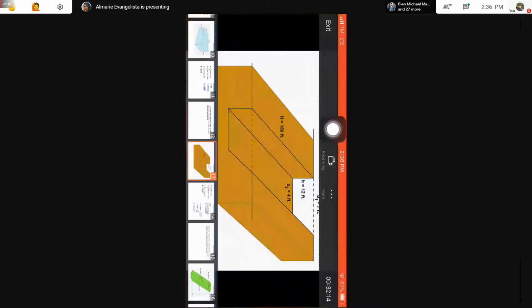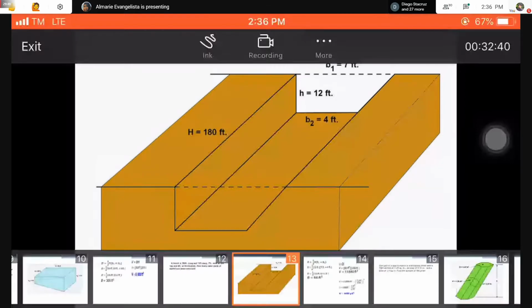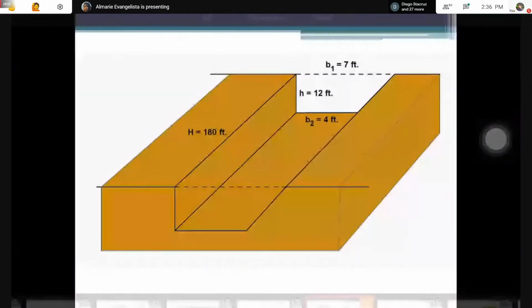So, ayan, na-try nyo ba? Sige, proceed na tayo sa solution. Sa mga nag-solve, ito yung solution natin. Kukunin mo muna, gaya ng sabi ko, yung area ng trapezoid, which is 1/2 height times base 1 plus base 2.